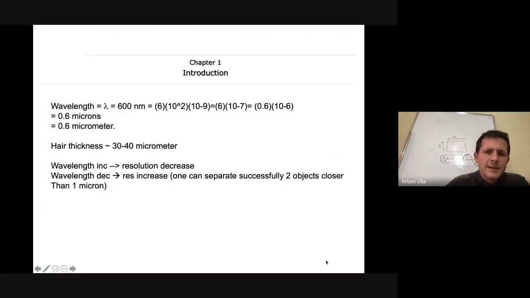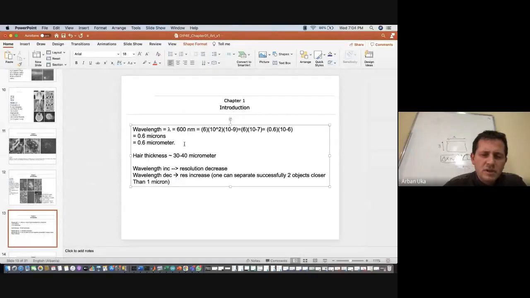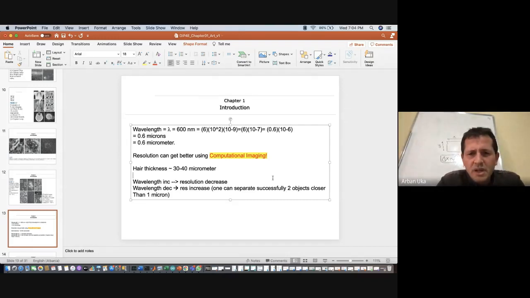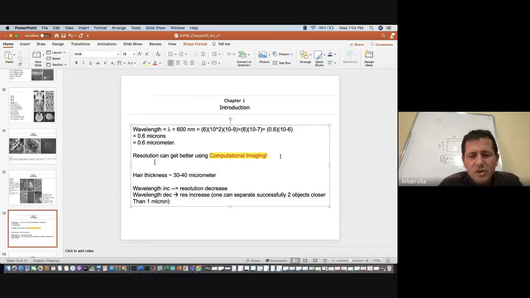And in fact, this resolution is half a micrometer, but things can get better. Resolution can get better using computational imaging. There is a very amazing new field of research, computational imaging, and people are publishing very actively because it's a really good area where they use different algorithms to overcome the physical limitations of a microscope or an image acquisition tool.